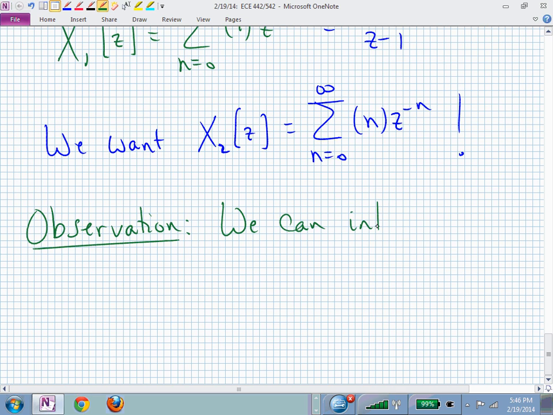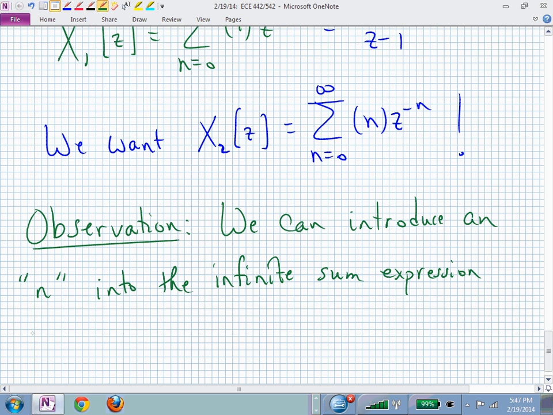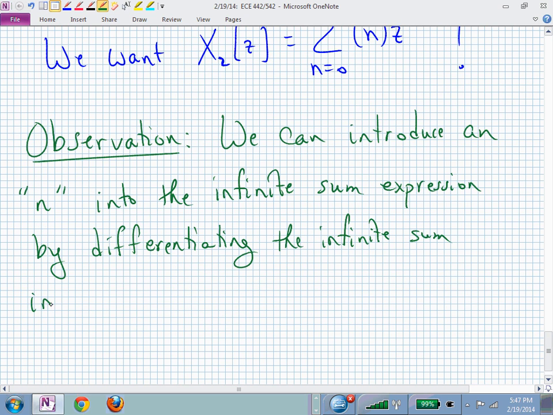We can introduce this n into the infinite sum expression by differentiating the infinite sum in our X sub 1 of z formula with respect to the variable z.